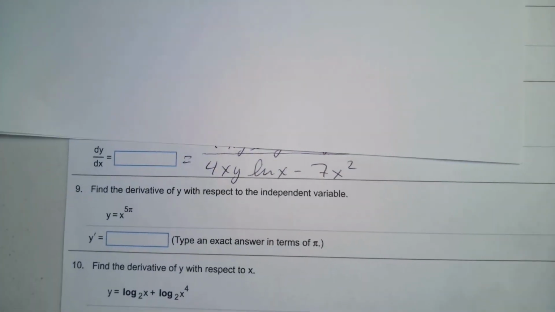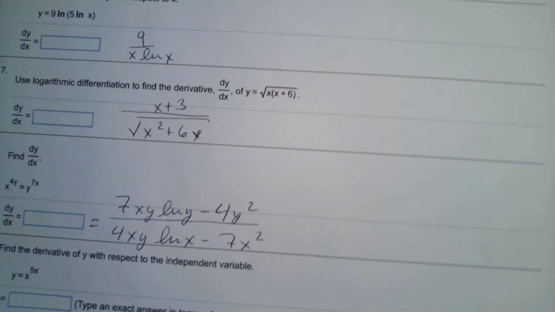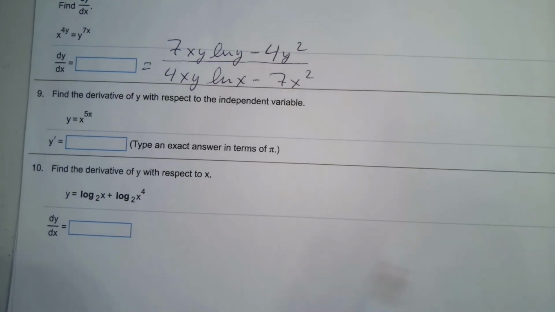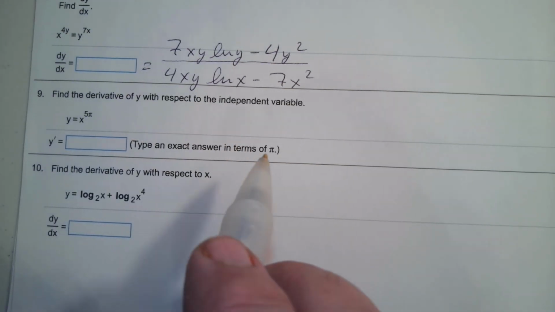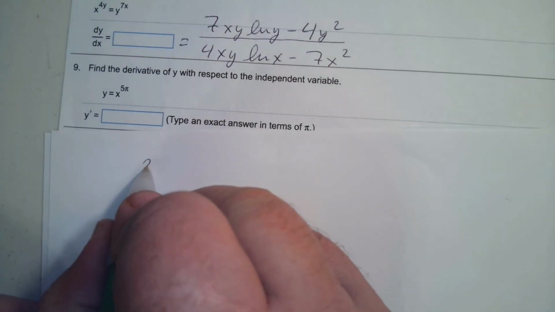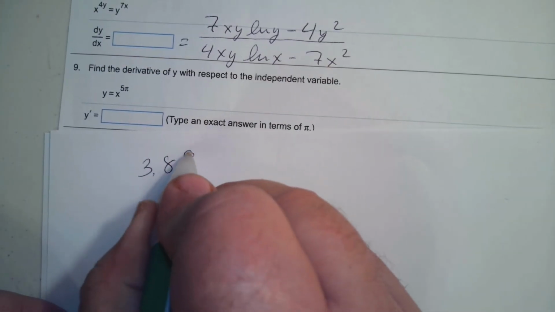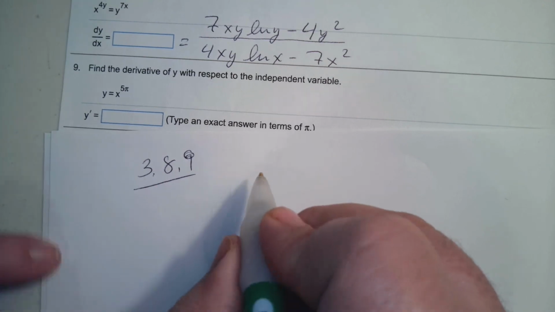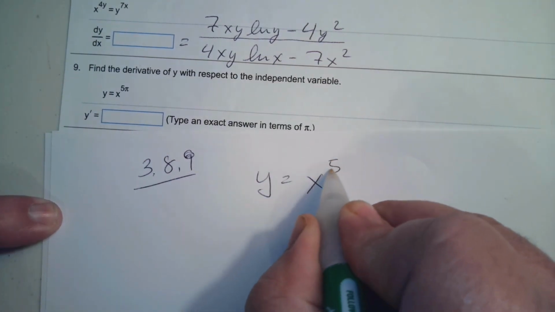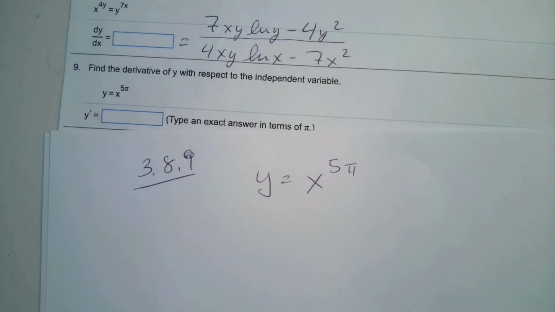I'll do the last two on this sheet. Number 9. Find the derivative of y. Yeah, I need some space here. Well, 3, 8, 9. Y equals x to the 5 pi.